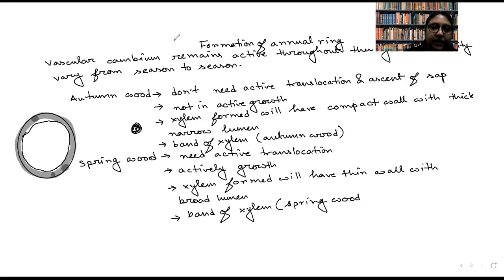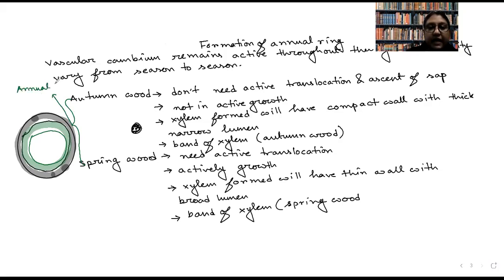Again one layer of less density and one layer of more density. So this autumn wood and spring wood together will form the annual ring.